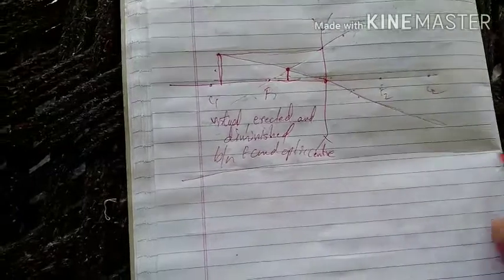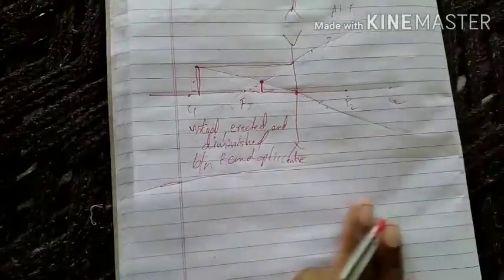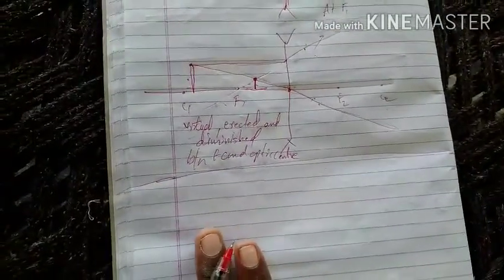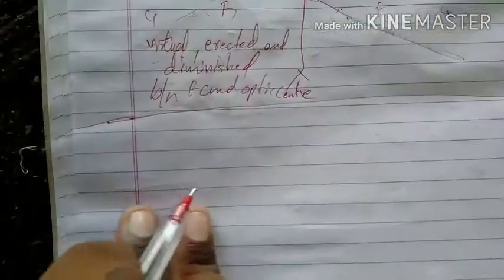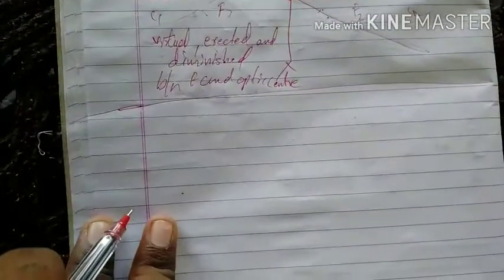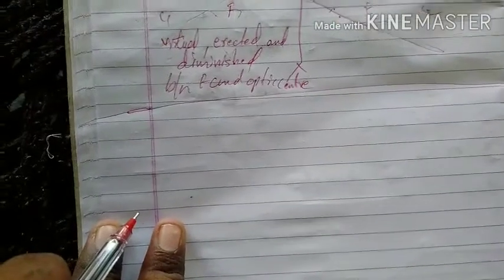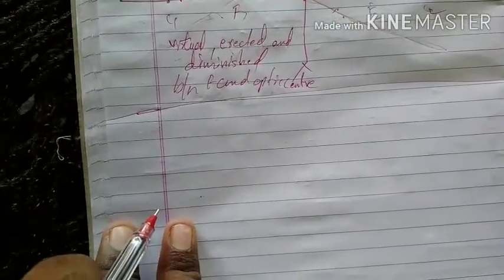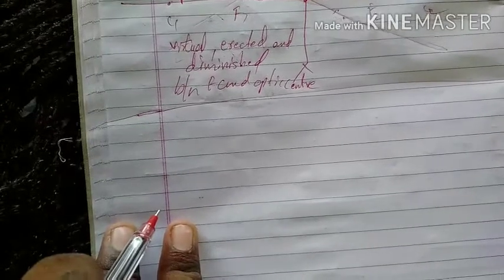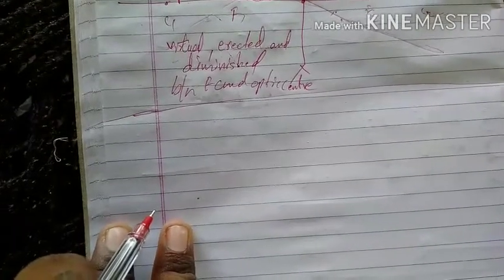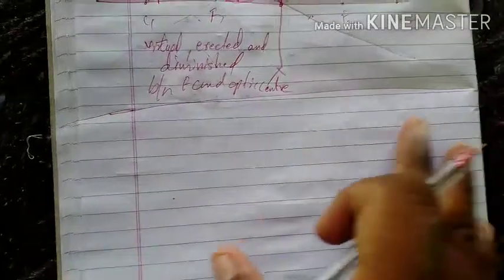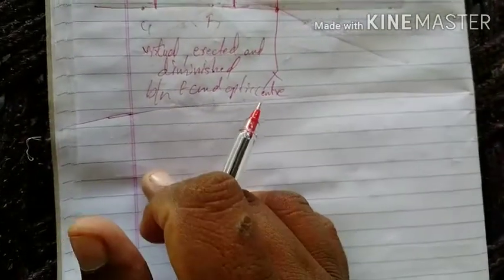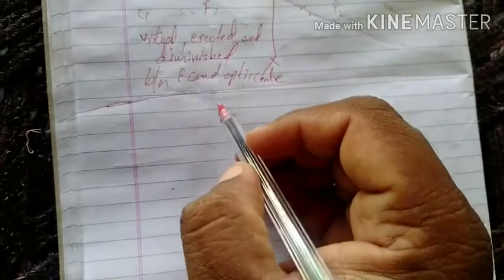Now in today's class we are going to discuss the lens maker's formula. The formula which is useful to construct a lens is called the lens maker's formula.